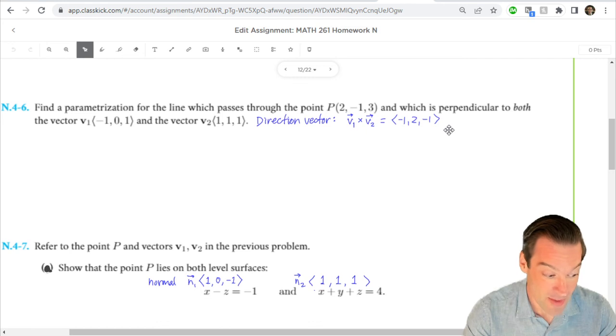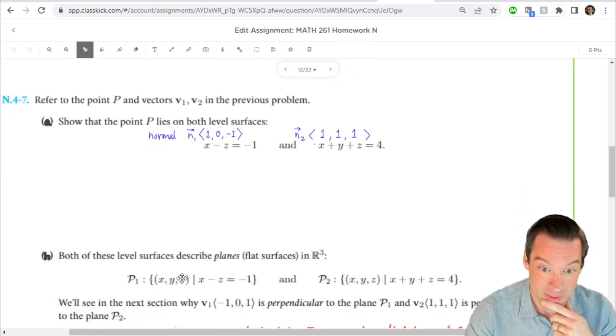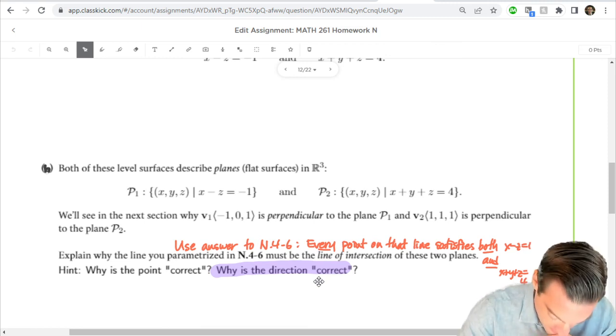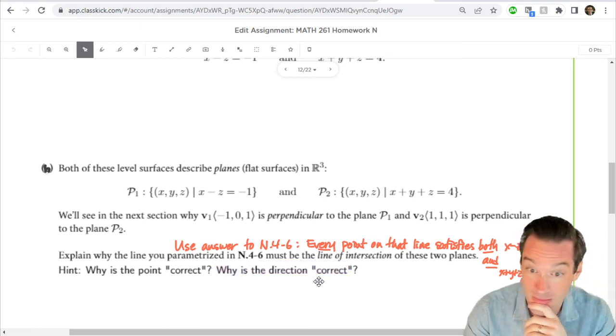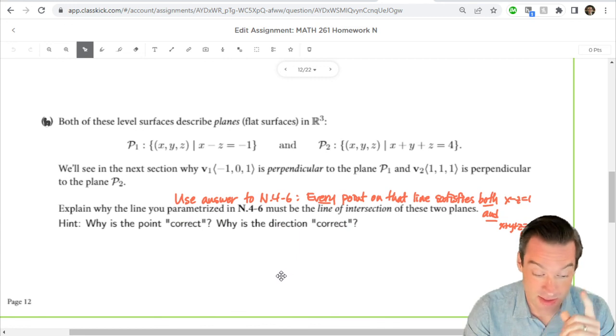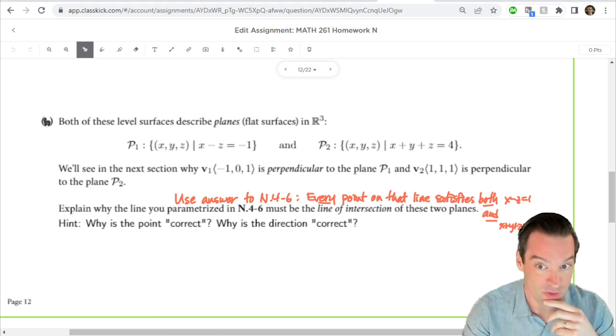And so that must mean that my line runs in a direction parallel to both planes because it's perpendicular to both normal vectors, right? And so that sentence would be one way that you could explain the conclusion of part B: that this line must be the line of intersection because it contains a point which belongs to both planes, and it points in a direction that is parallel to both planes. And therefore, it must be the line of intersection.